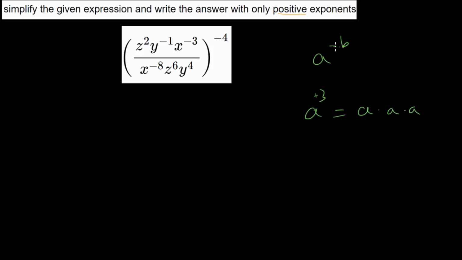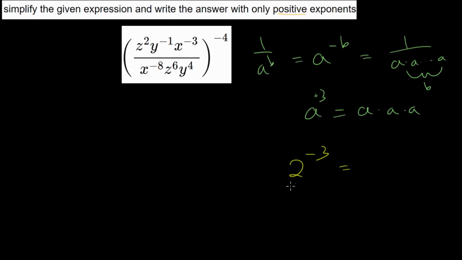Now, when the exponent is negative, instead of repeatedly multiplying, the negative implies we will be repeatedly dividing. So we will divide by a b times, however many that is. Or we could rewrite this as just 1 over a to the b power. So let's say we have 2 to the minus 3.